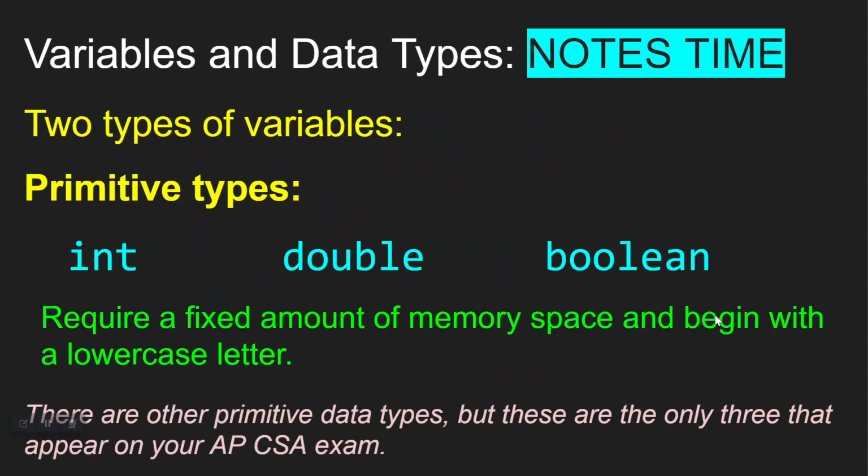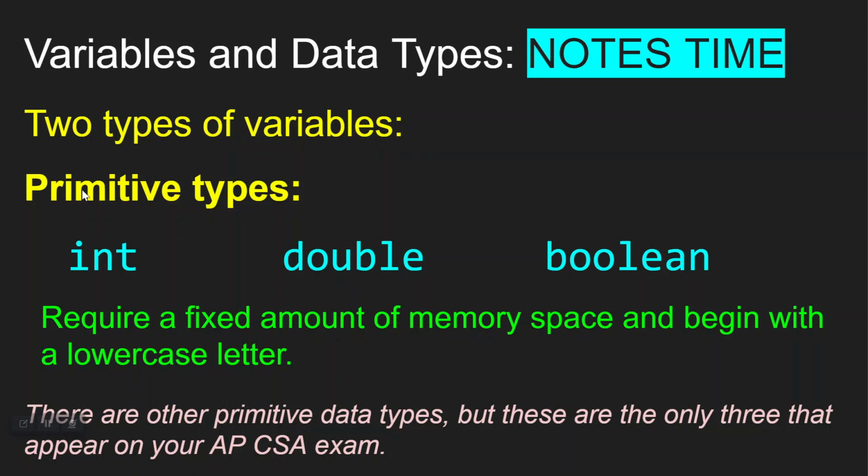All right, so data types. What do you need to know about data types? Well, there are two main types of variables. You have what are called primitive data types, and those include int for integers, double for any decimal point that we need, and boolean for on or off, true or false type variables.